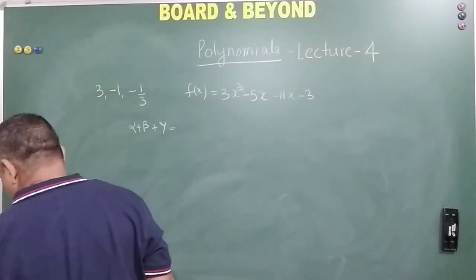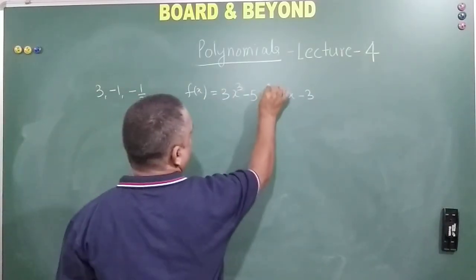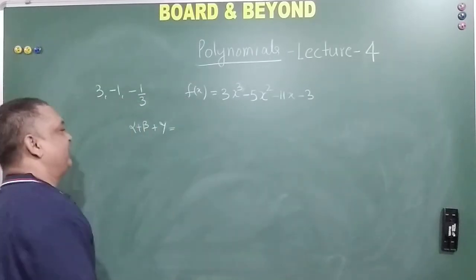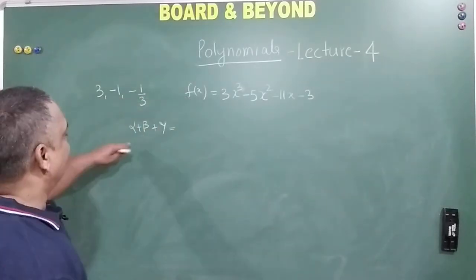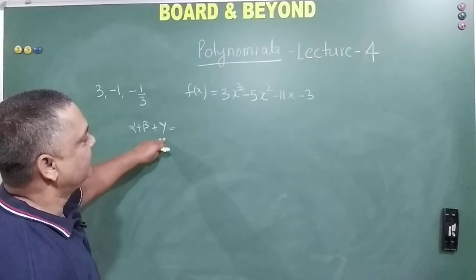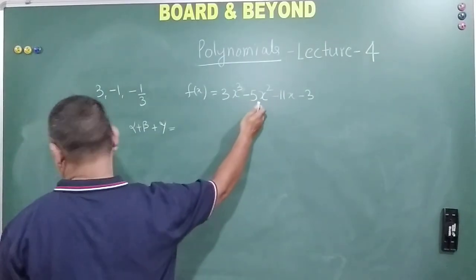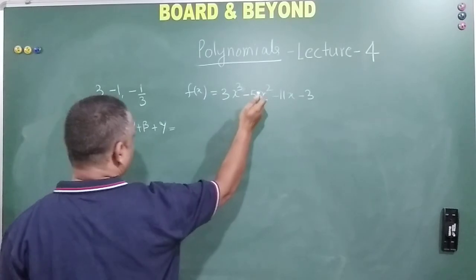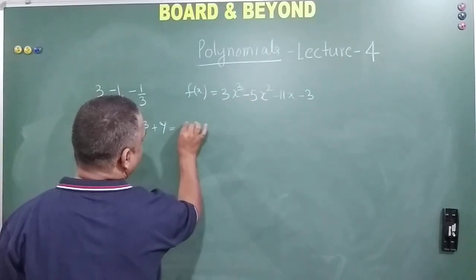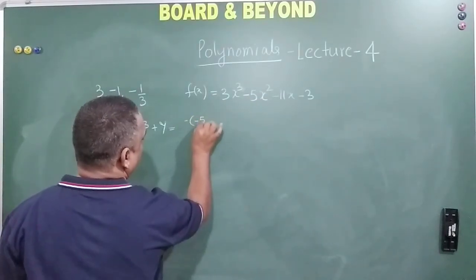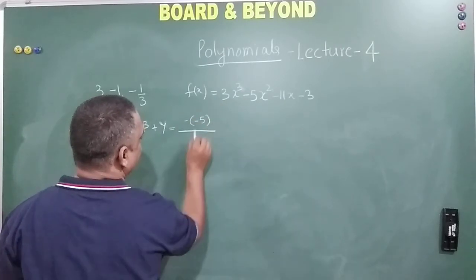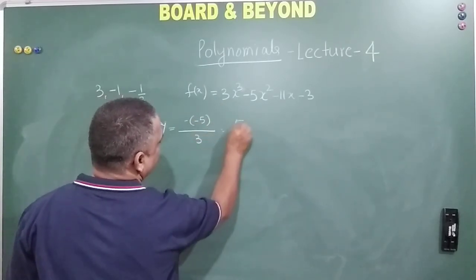It is 3x cube minus 5x square. I'm so sorry. So here alpha plus beta plus gamma is equal to minus the coefficient of x square, that is minus of minus 5, divided by the coefficient of x cube, that is 3, that is 5 by 3.